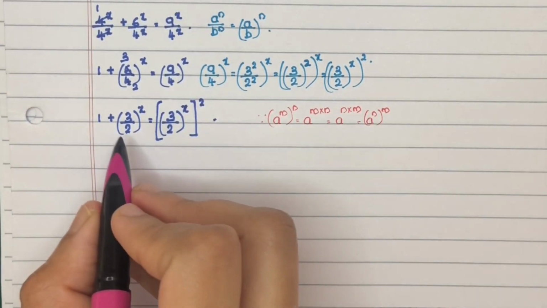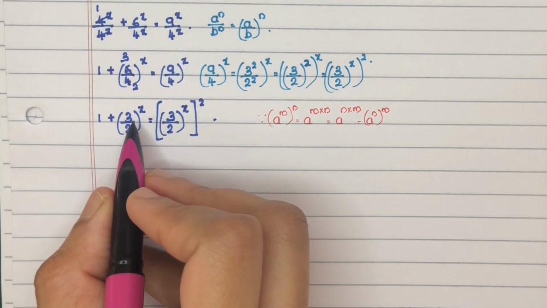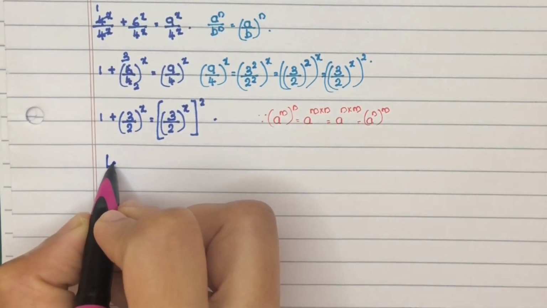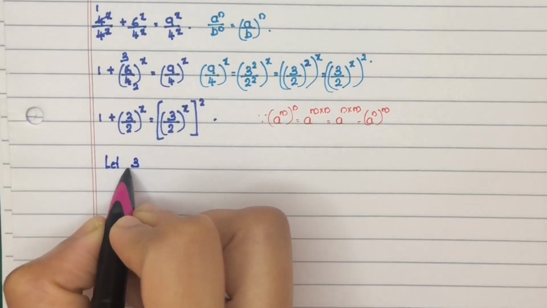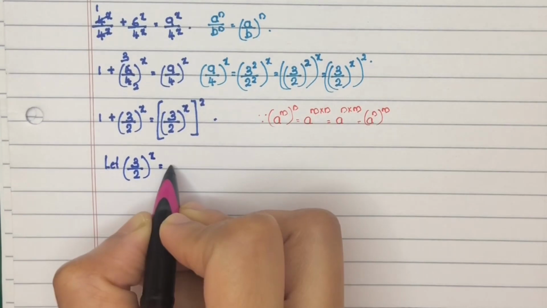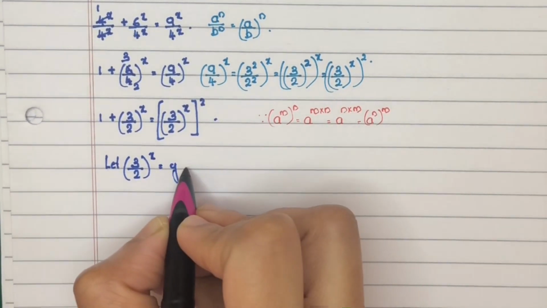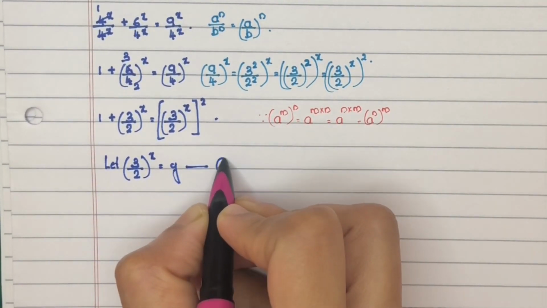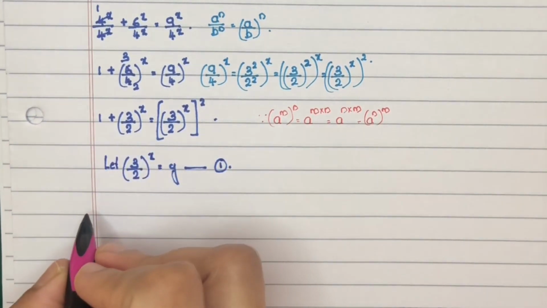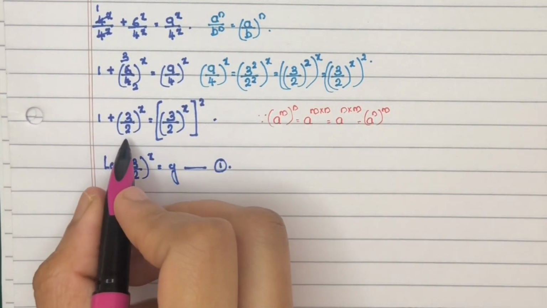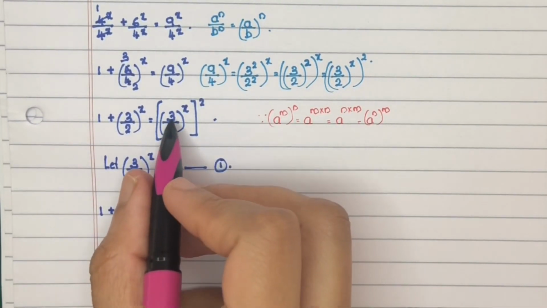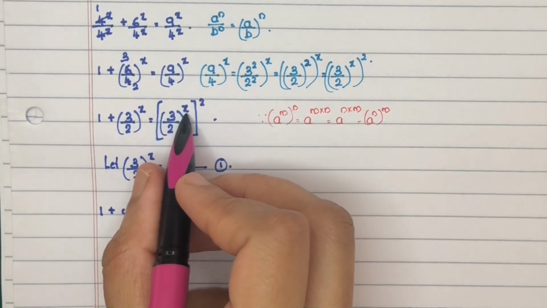Next, substitute some variable for this 3 by 2 whole raised to x to make our calculation simpler. So let any variable, 3 by 2 whole raised to x, equal to y, and mark it as equation number 1. So our equation becomes 1 plus y equal to y square.